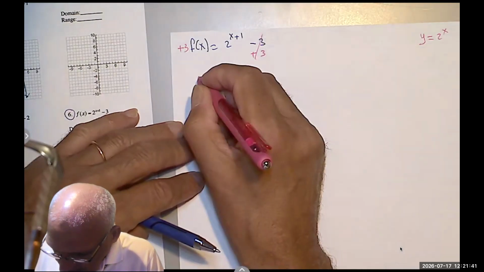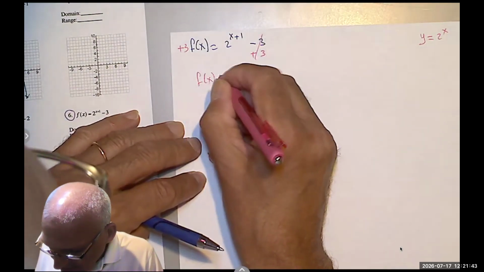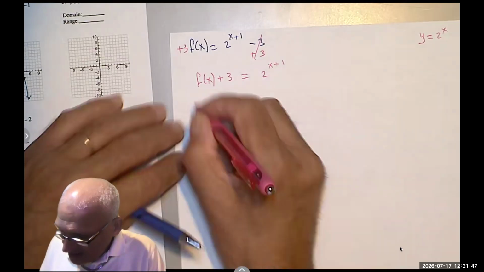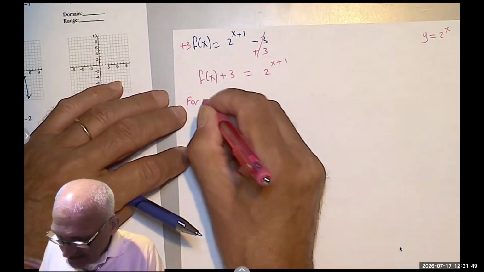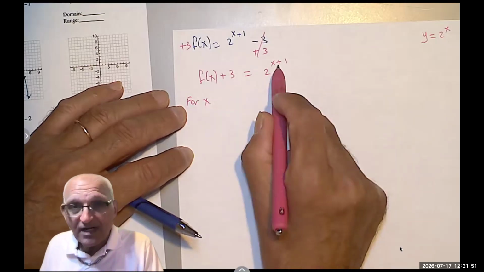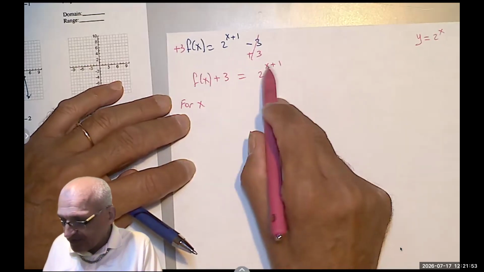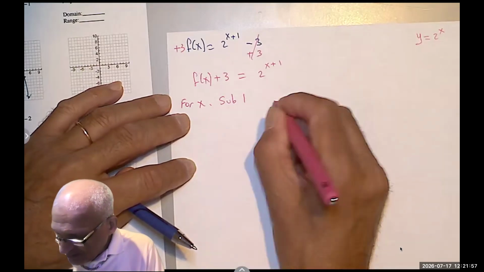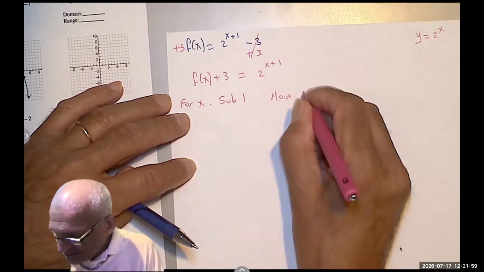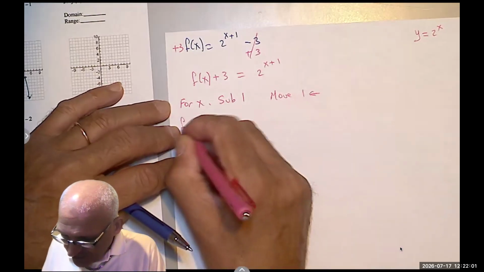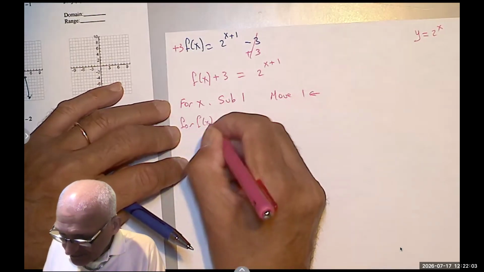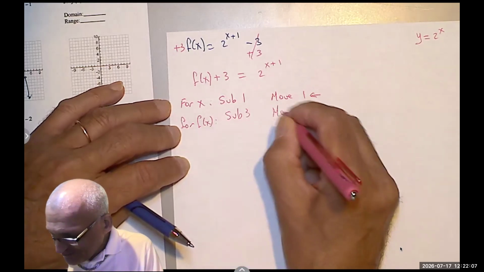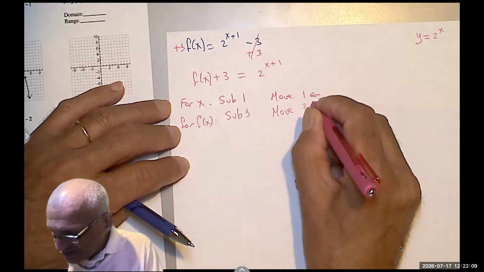So I get f of x plus 3 equals 2 to the x plus 1. Okay, so for the x, all I have to do to make that x plus 1 to be x, I'm going to subtract 1, meaning move 1 to the left. And for f of x, I'm going to subtract 3, meaning move 3 down.